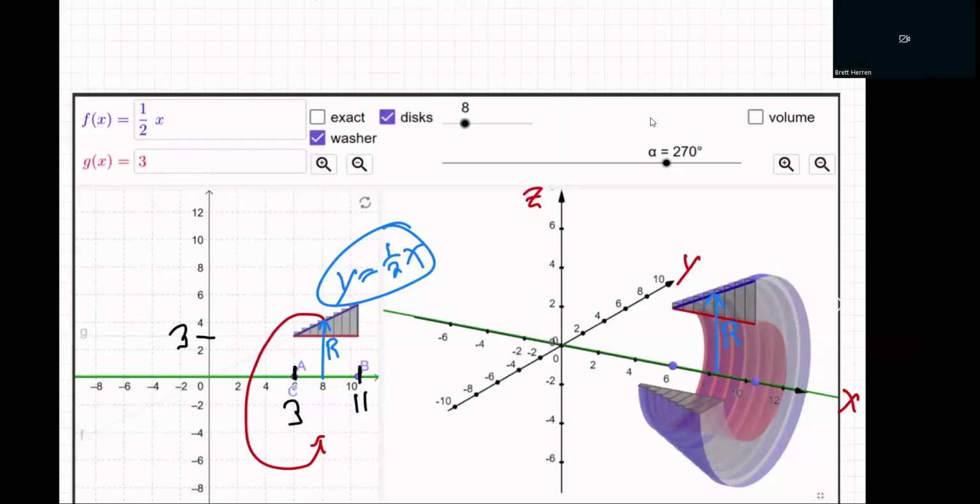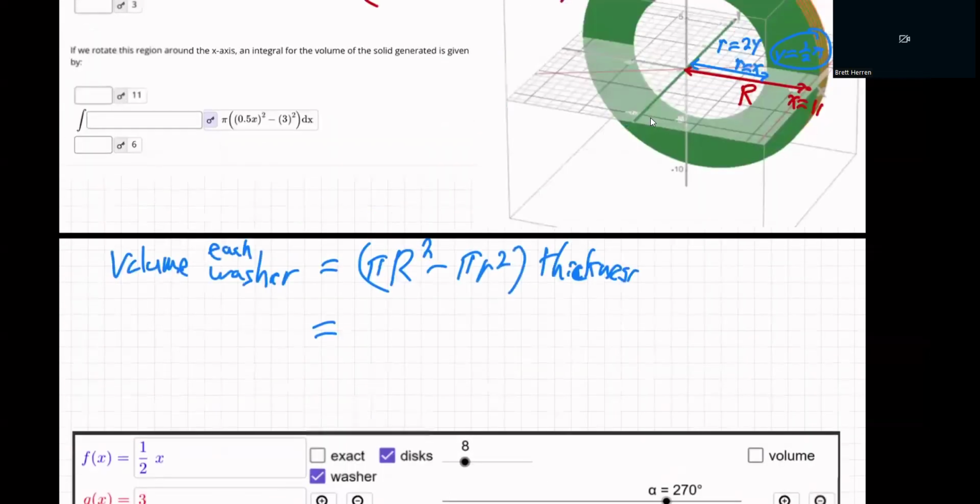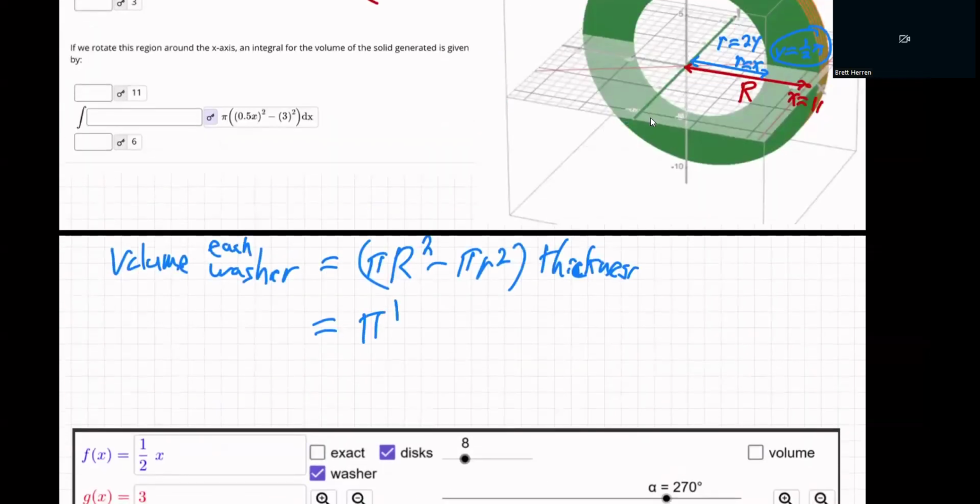So it's the y height. And what does y equal? All the way up to that line, a half x. So what does R equal? A half x. So R squared becomes a half x squared, minus, and now pi times little r squared.